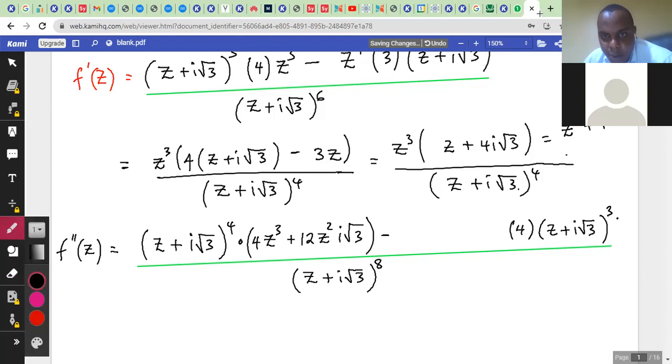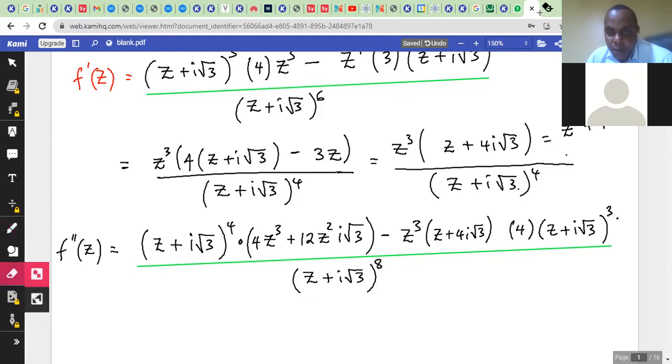It was z cubed, and then you have z plus 4i root 3. There was no need of doing that. I thought it was z plus i root 3, so I thought it could also be factored out. So we factor out (z plus i root 3) cubed. Let me return it. There was no need of changing it.